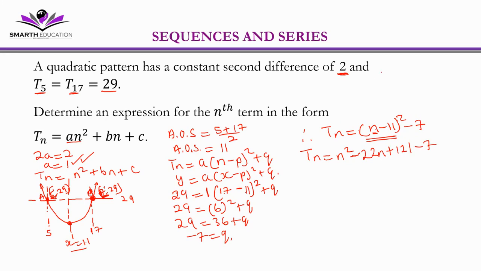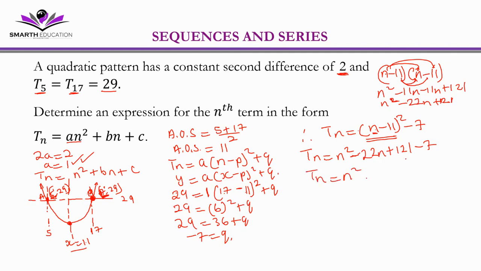You can say n minus 11 times n minus 11, then n times n is n squared, n times negative 11 is negative 11n, negative 11 times n is negative 11n, then negative 11 times negative 11 is plus 121. Then you get your n squared minus 22n plus 121. And then let's simplify that. Tn is equal to n squared minus 22n plus 114. That's the general term there.